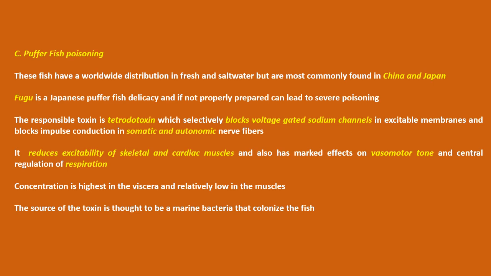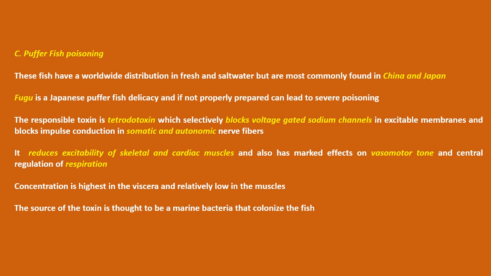Pufferfish poisoning. These fish have a worldwide distribution in fresh and salt water, but are most commonly found in China and Japan. Fugu is a Japanese pufferfish delicacy, and if not prepared properly, can lead to severe poisoning. The responsible toxin is Tetrodotoxin, which selectively blocks voltage-gated sodium channels in excitable membranes and blocks impulse conduction in somatic and autonomic nerve fibers.